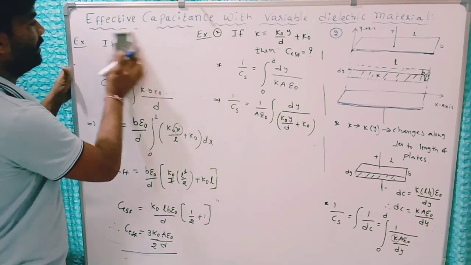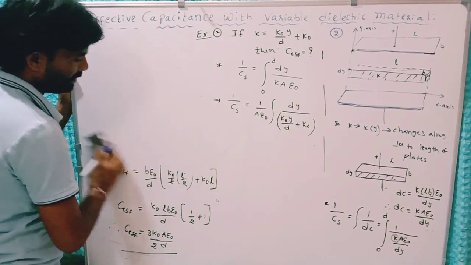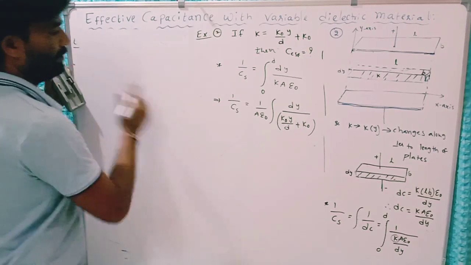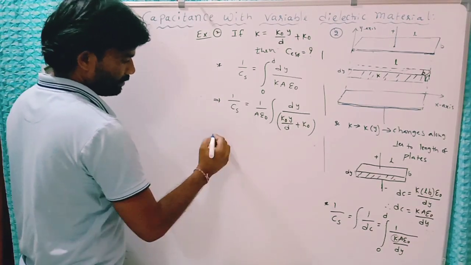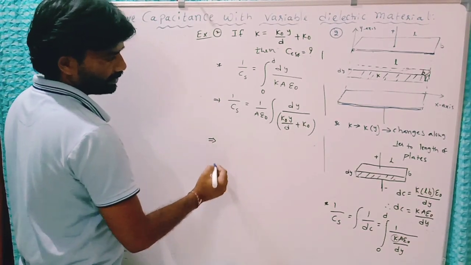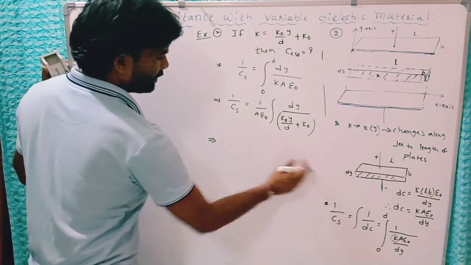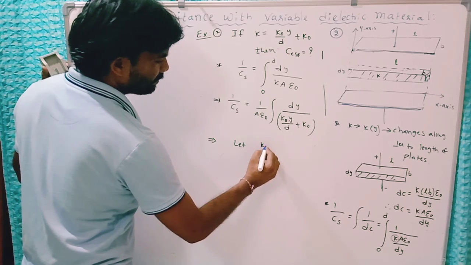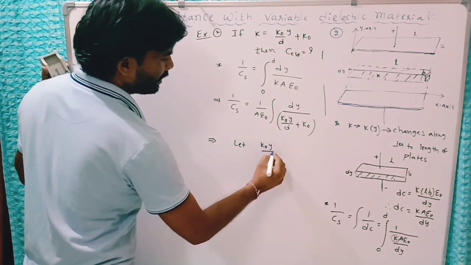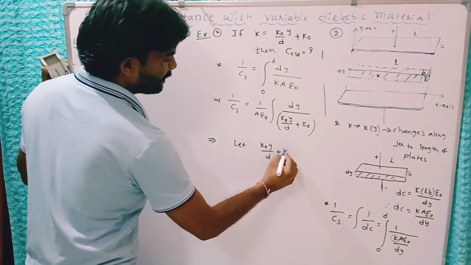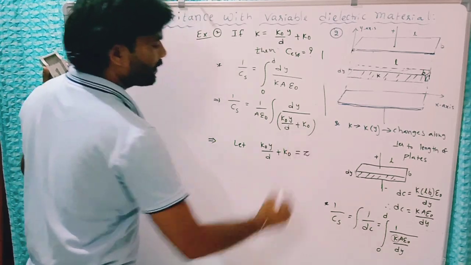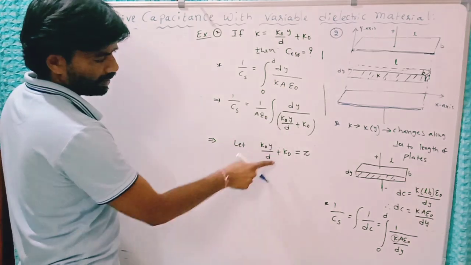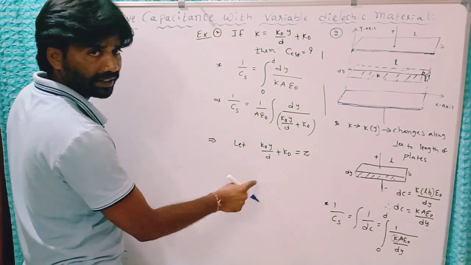Now we should integrate that on the right side. To do this integration in a simple manner, let us assume this denominator, K naught y by d plus K naught, equals z. So I made an assumption for a simple integration.